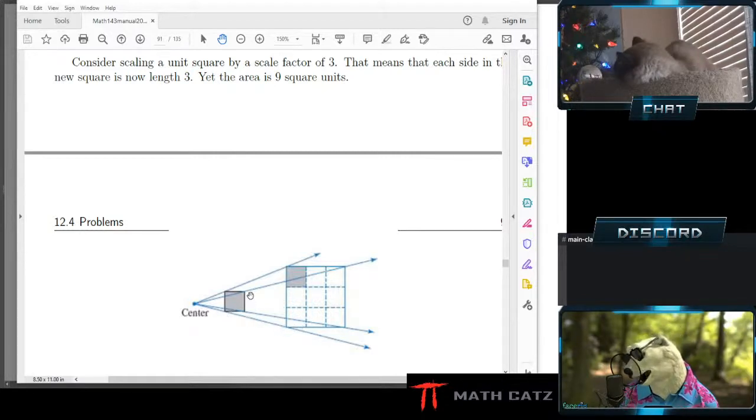So now here I have a 1 by 1 square, and now I have a 3 by 3 square. So the side lengths changed by a factor of 3. I tripled it. However, if I look at the area, the new area is clearly 9 times as much as the original. 9 of these originals can fit in there.